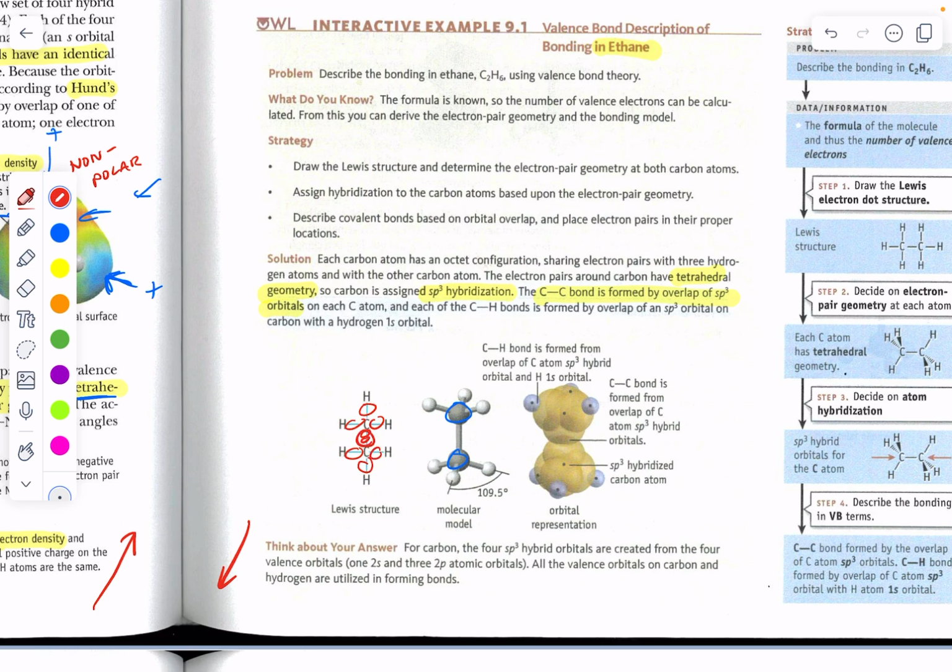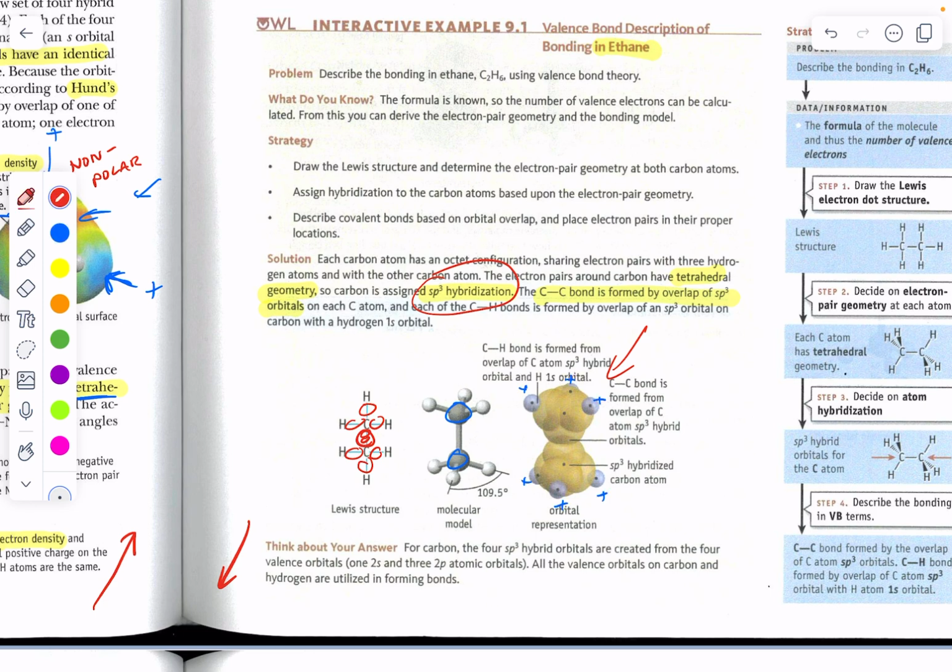And so each carbon atom has 4 regions of negativeness. So we have sp3 hybridization all the way around, and tetrahedral around both carbons. And this is what it would look like, where you would have most of your positiveness of this atom around here.